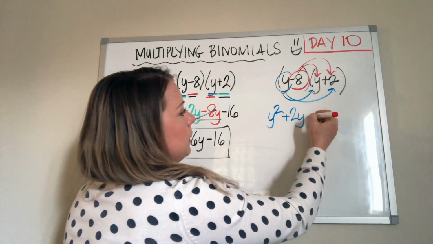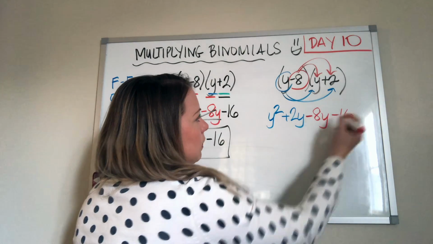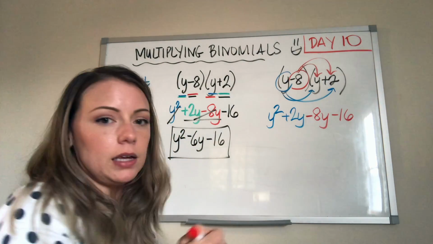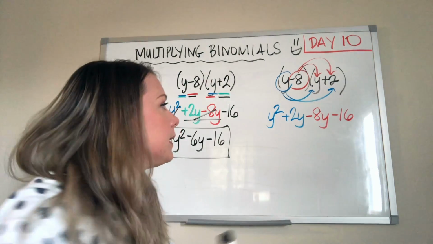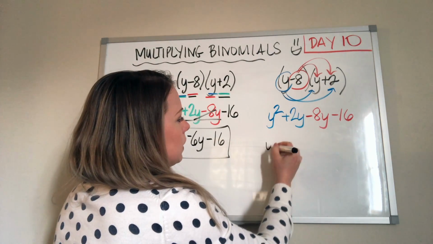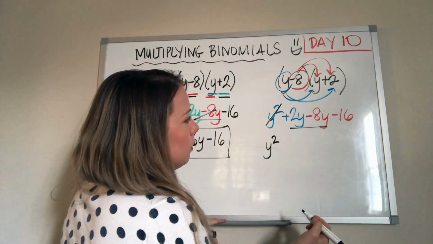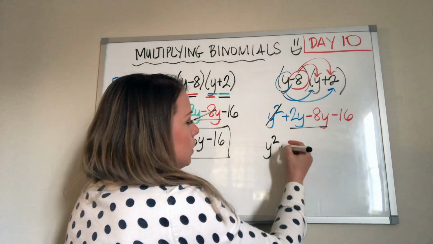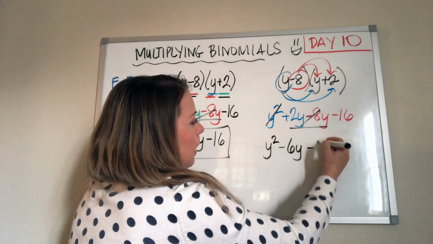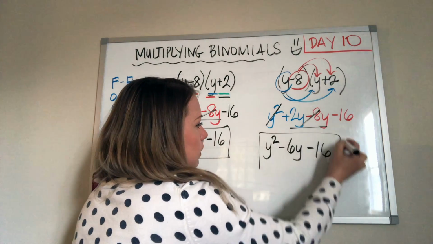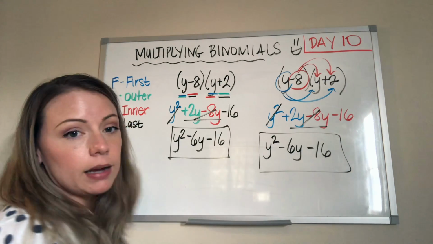So I end up getting negative 8y minus 16. So far so good. Now let's combine like terms. Again, y squared is the only y squared, so it stays put. These two terms are like terms, so we're going to combine those. I would get negative 6y, and then I have negative 16. And as you can see, I got the same exact answer.